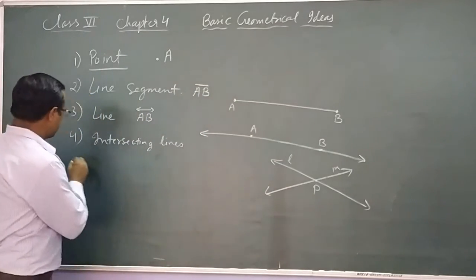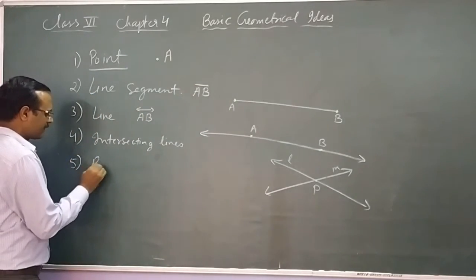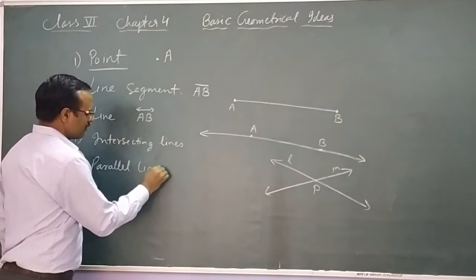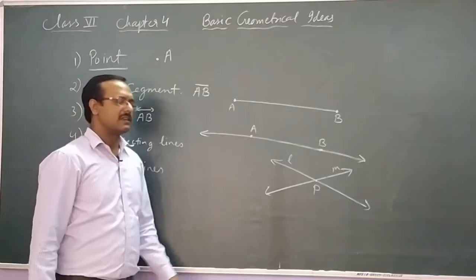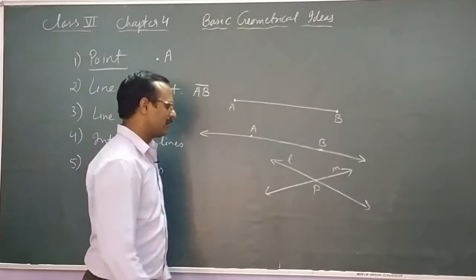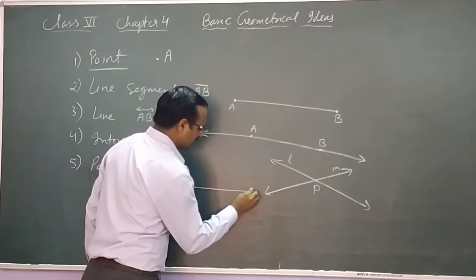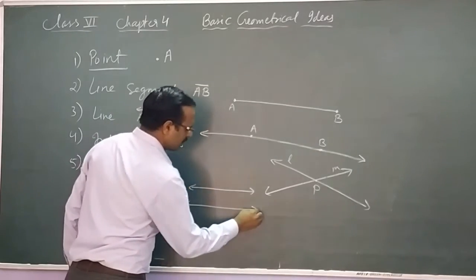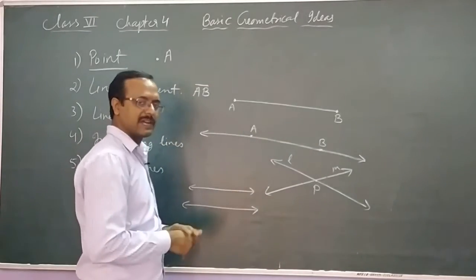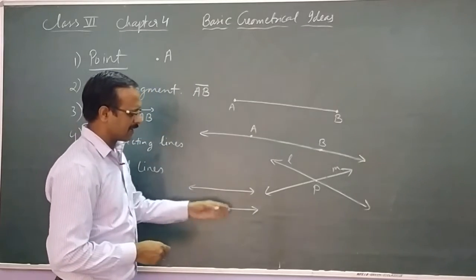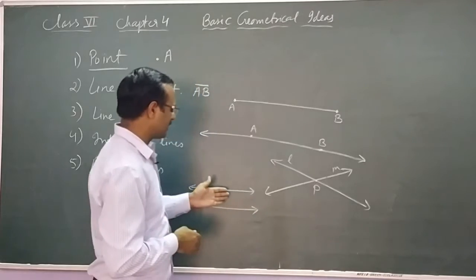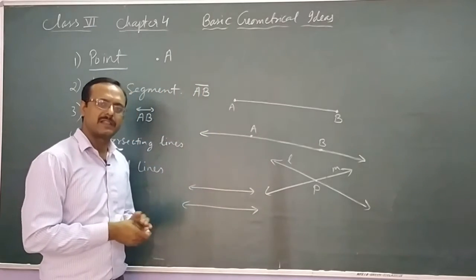Next point is parallel lines. What are parallel lines? Here the 2 lines were intersecting. If the lines do not intersect each other and they continue to extend on both sides, they are never intersecting each other, they are going parallel to each other, then you can say that they are parallel lines.